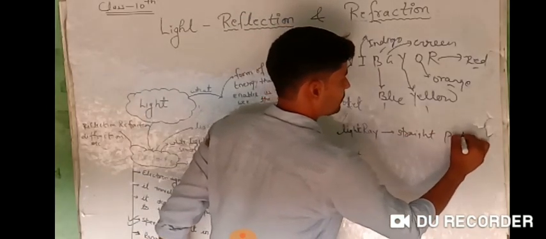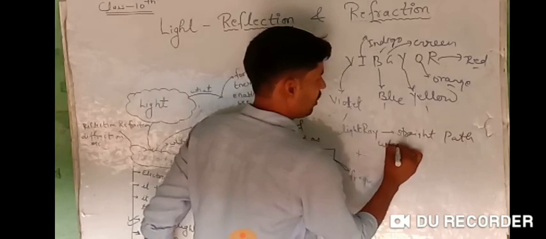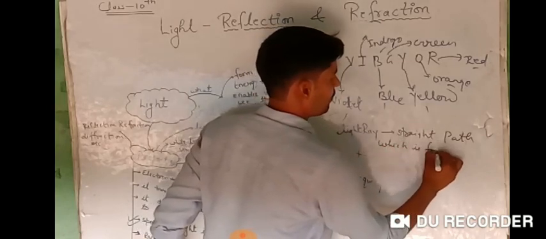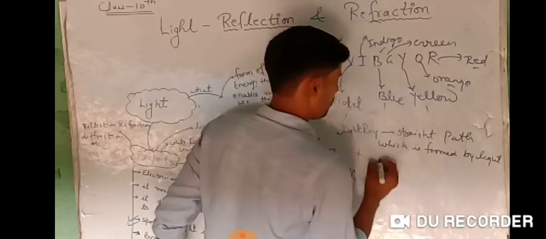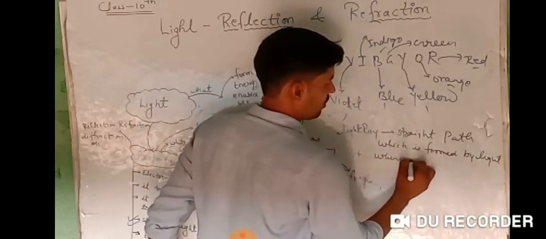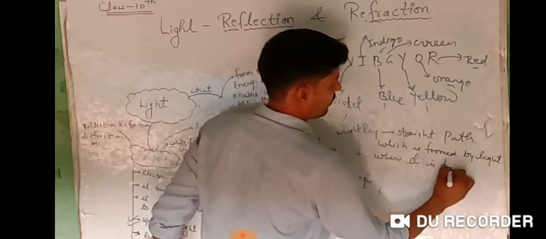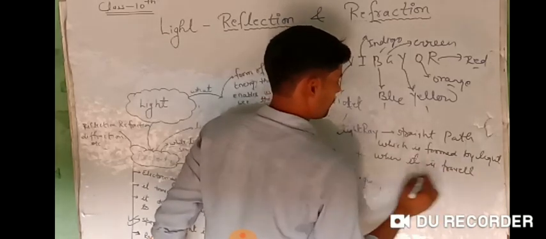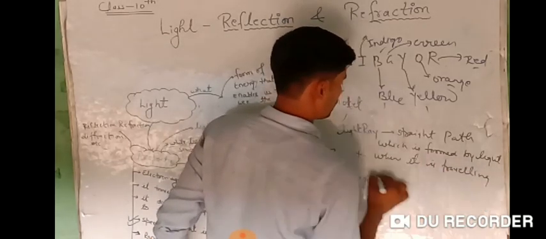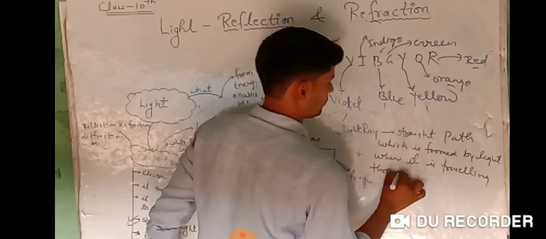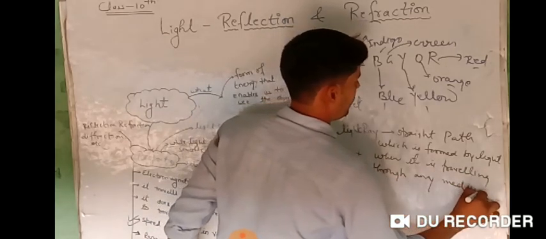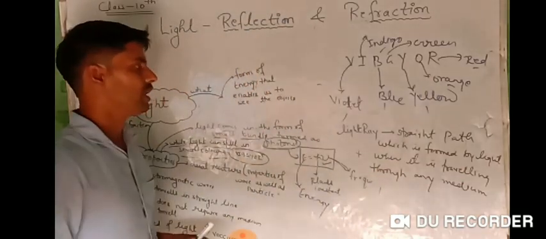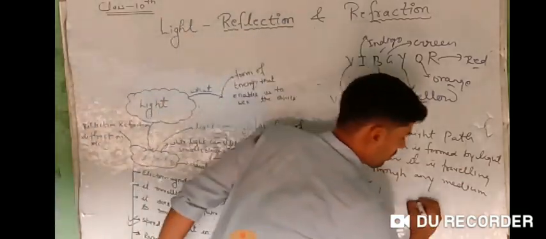A straight path which is formed by light when it is traveling through any medium. Okay, that is a light ray, like this.